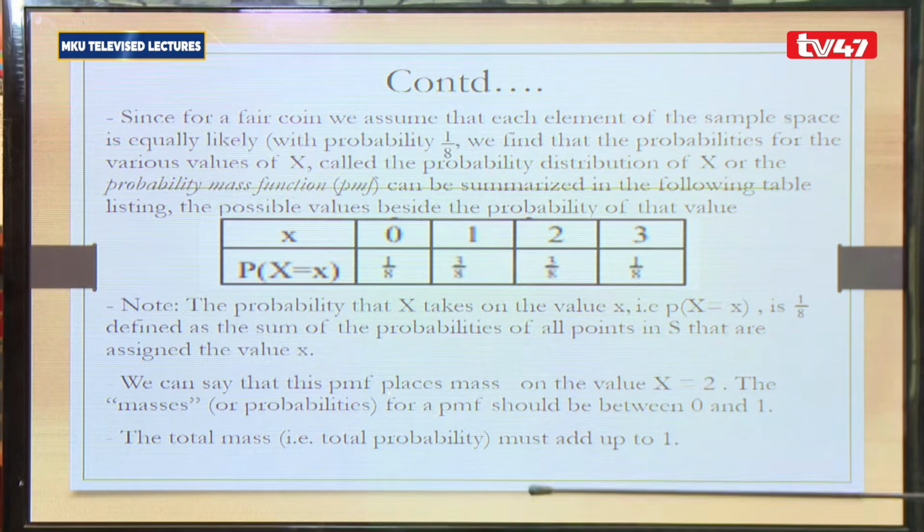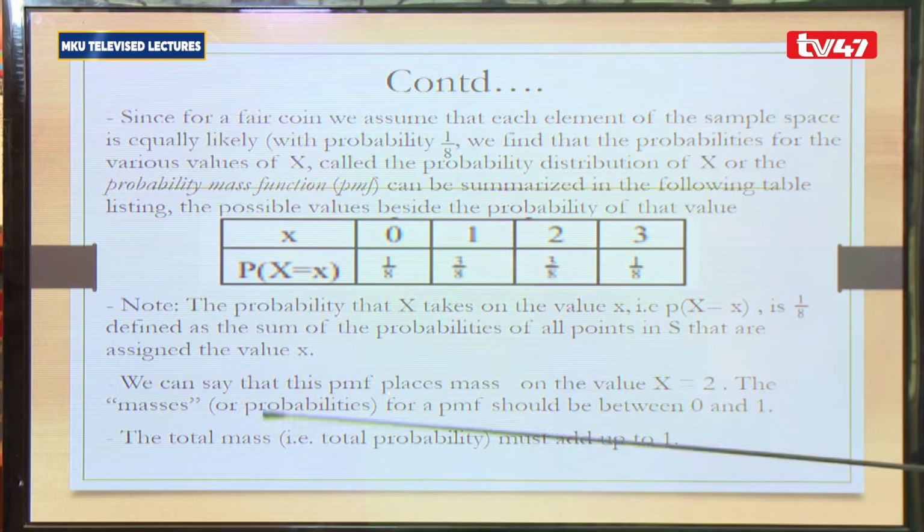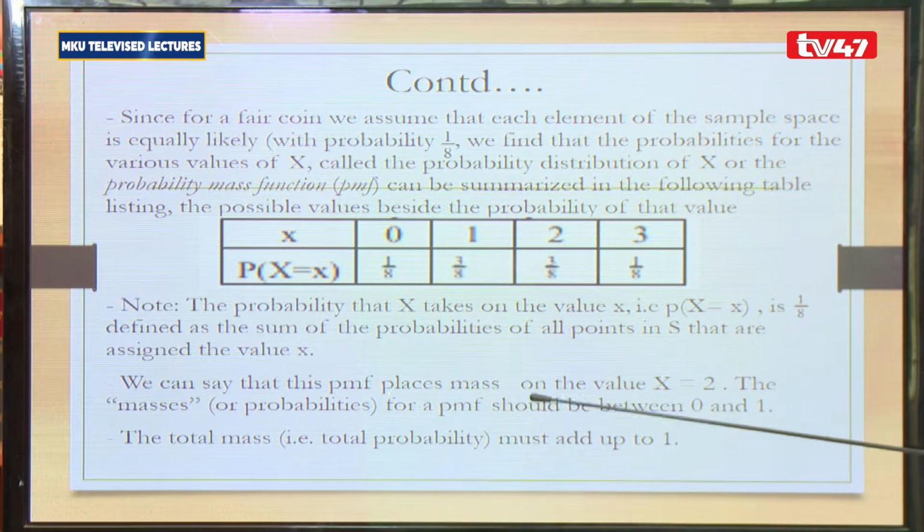And as we had suggested at the beginning, we can use this distribution to determine the expected value, the variance, and some other statistics like quartiles, mode, and median once we have such a distribution, so that we can say that the PMF places the mass of 1 over 8 on the value x equal to 0, or 3 over 8 on the value x equal to 2.